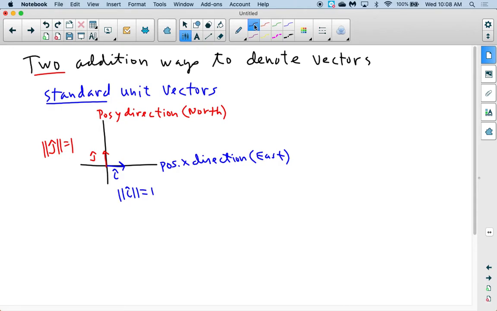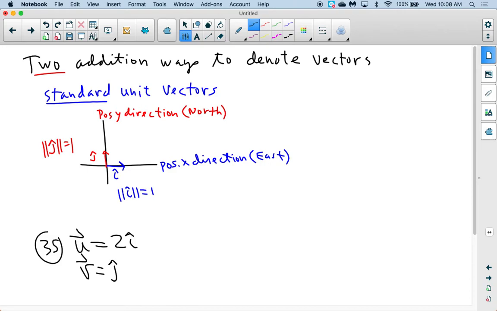So 35. I'm given some vector u equal to 2i, and v equal to just j.